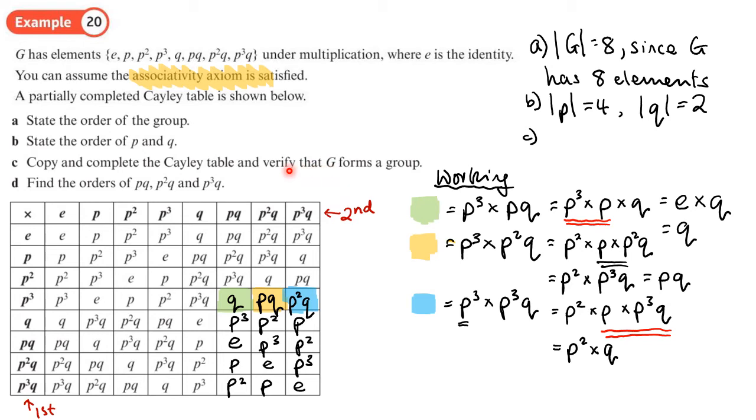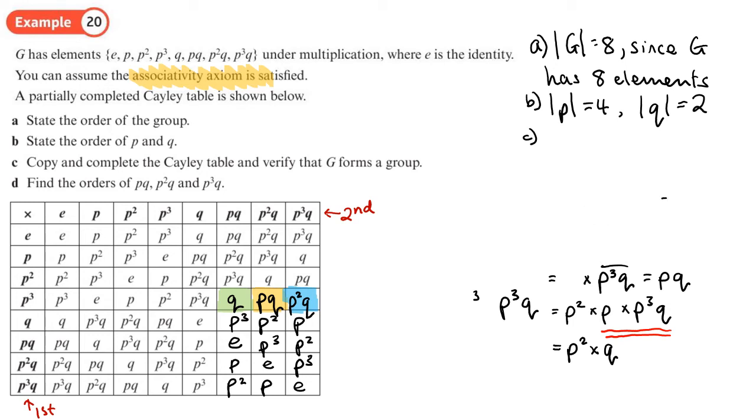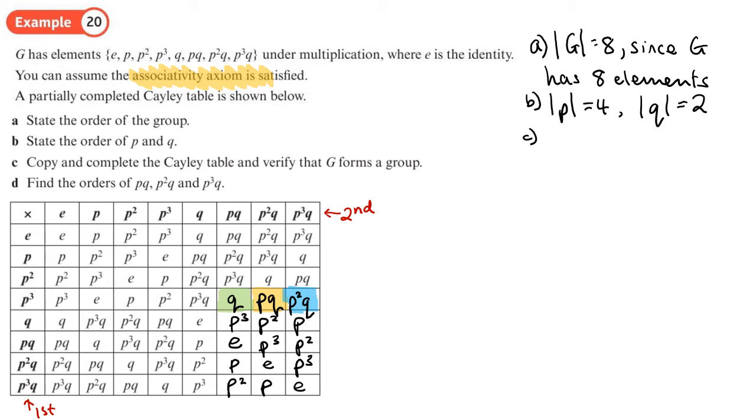We just need to do the last bit of this question, part C, which is verify that it forms a group. So we need to check that it's closed, that there's an identity and an inverse, and associativity has been assumed, so we don't need to worry about that. So the first thing we're going to do is check whether this set is closed. Looking at the table, there are no new elements here that don't occur in the columns and row.